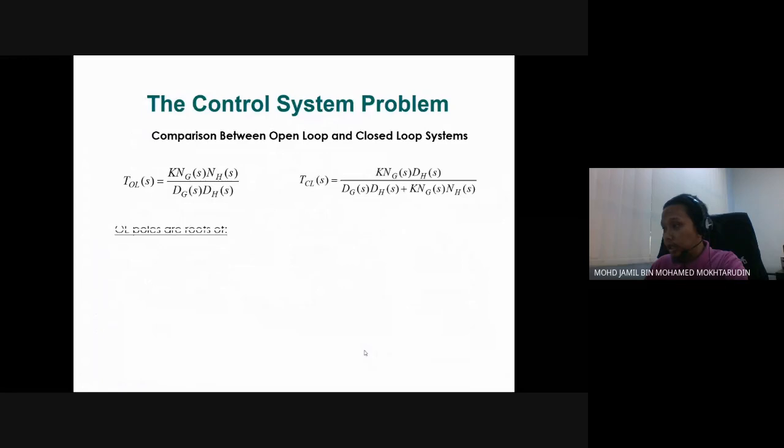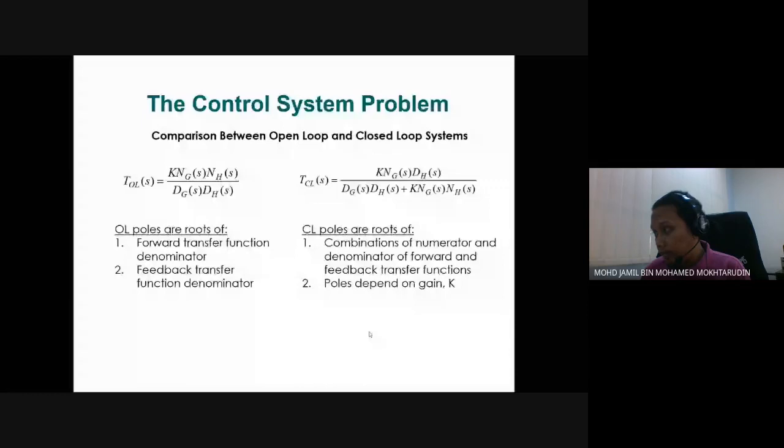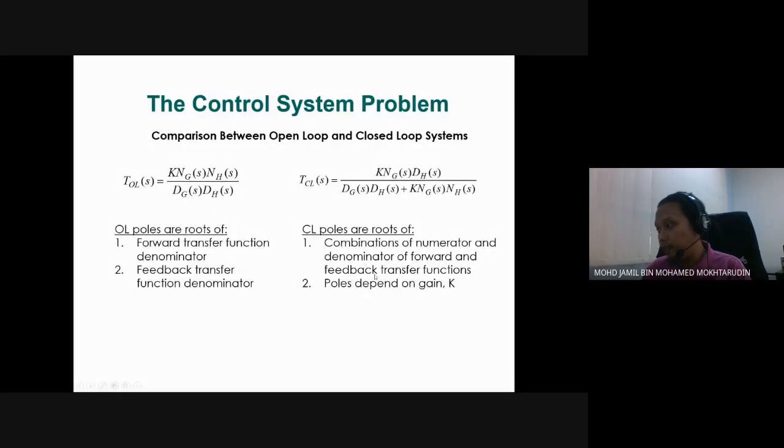What I just told you: for closed loop, it is a combination of the numerator and denominator of the forward and feedback transfer functions, and the poles also depend on the gain K. While for the open loop transfer function, it depends only on the denominator. So for a closed loop system, you need to know that it depends on K.